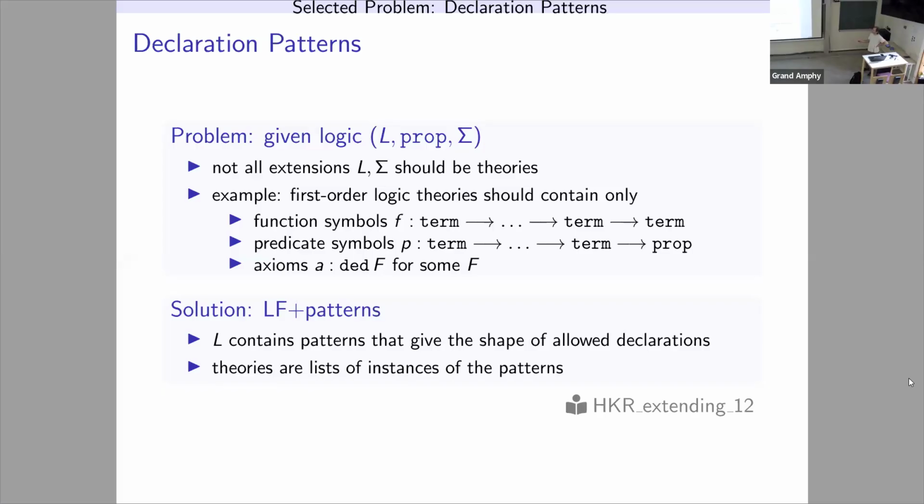Untyped first order logic allows exactly 3 kinds of declarations in the extensions. Function symbols, taking n arguments, returning a result. Predicate symbols, taking n arguments, returning a proposition. And axioms. The first order theory shouldn't declare anything other than these 3.